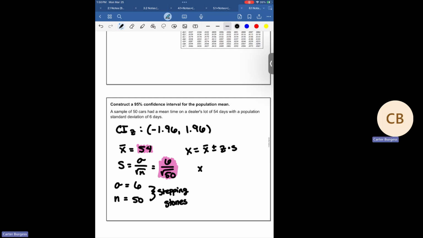So x is equal to 54, and we'll start with the lower one, minus 1.96 times 6 over the square root of 50, and 54 plus 1.96 times 6 over the square root of 50.